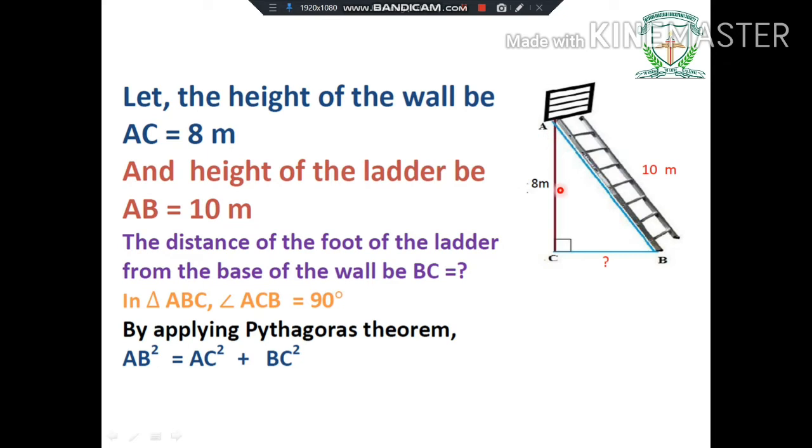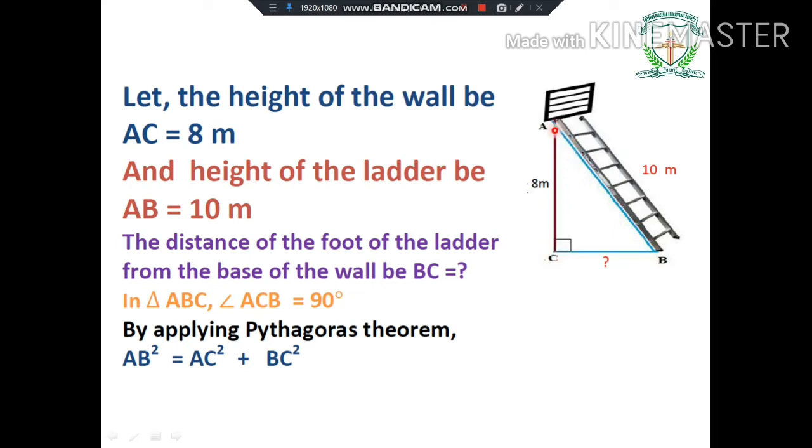Dear children, you need to draw figures having a right angle triangle. Here is a diagram according to the statement. So AB is the ladder and AC is the wall and BC is the distance of the foot of the ladder from the wall.